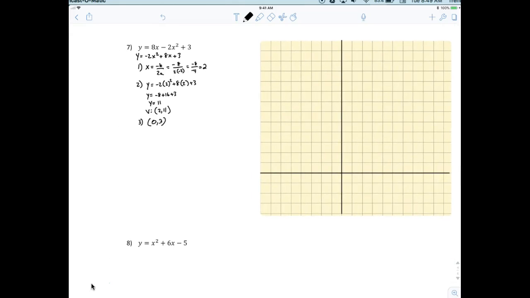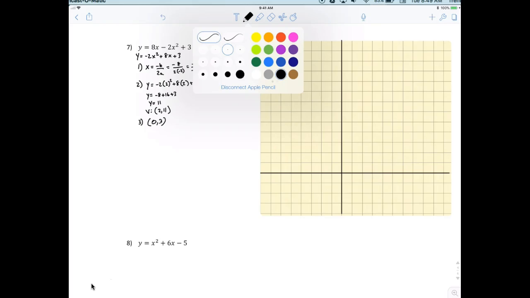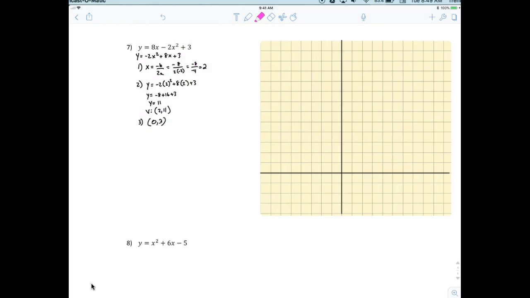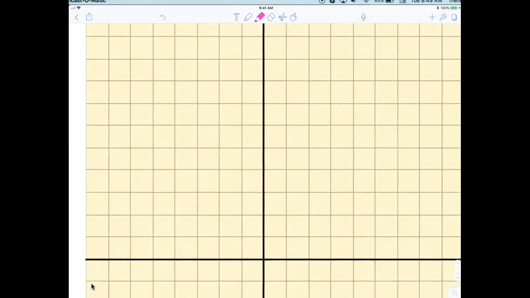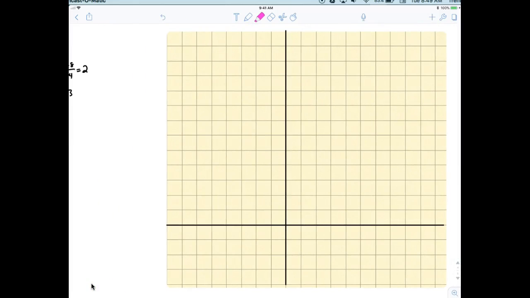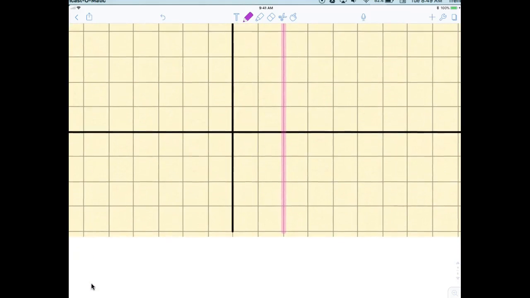Now what we're going to do is we're going to graph x equals 2. So here's x equals 2.